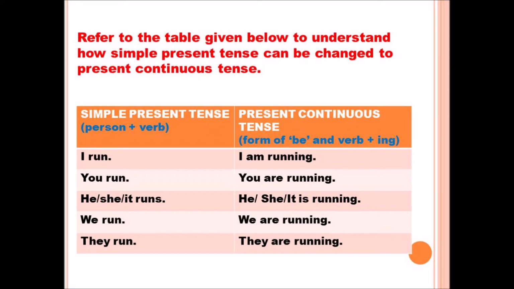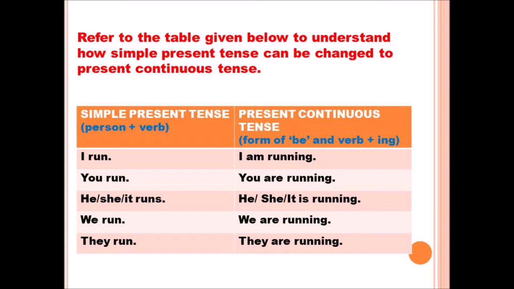Next, he, she, it. It means we can use anything, he or she or it. So whatever comes, we must use the present form of verb and add s to it. So we add s to the verb only when he, she, it comes.